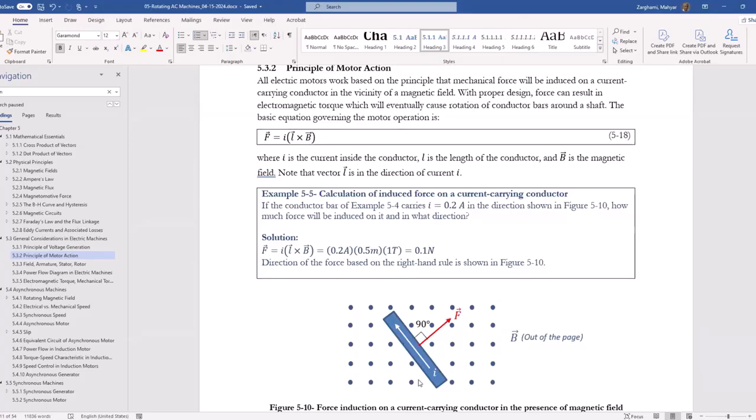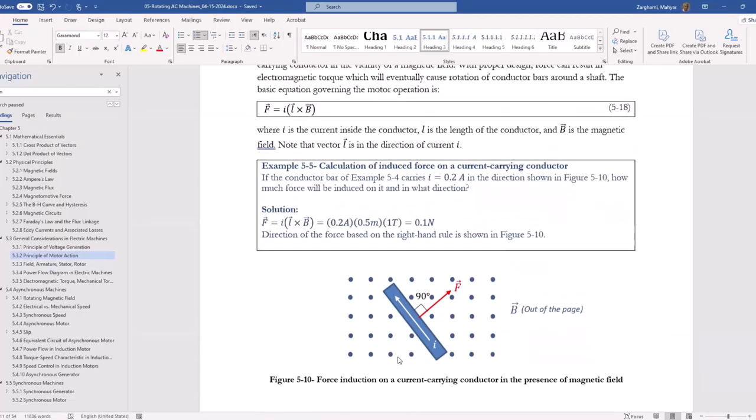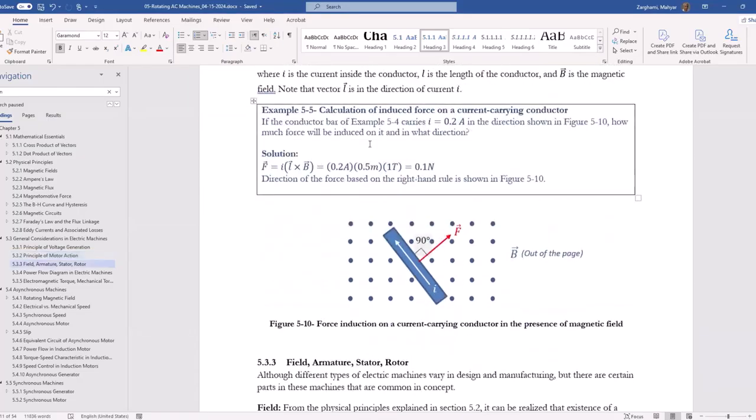For example, if one side of this bar is anchored, that force will produce a torque that could potentially rotate this bar in the clockwise direction. Isn't that so? All right, so that's the principle of motor action.